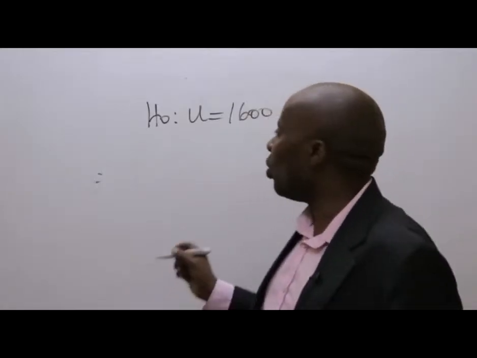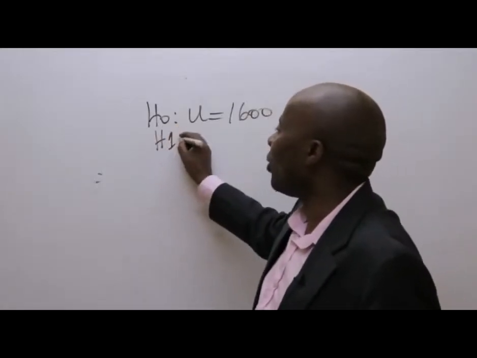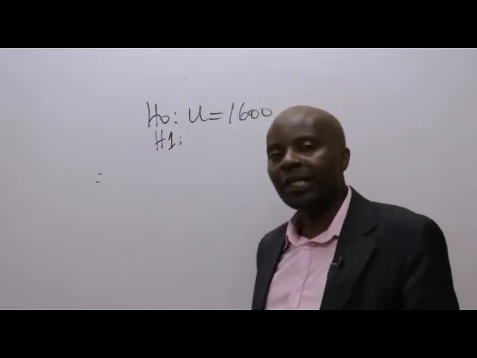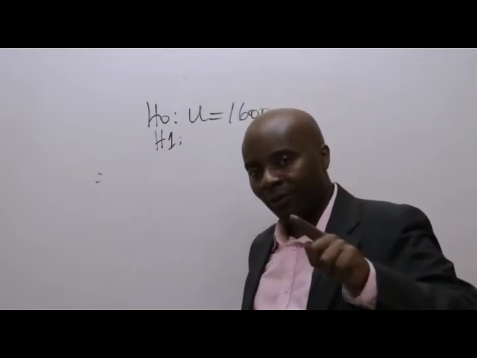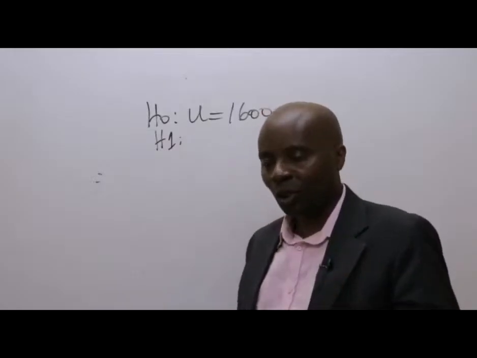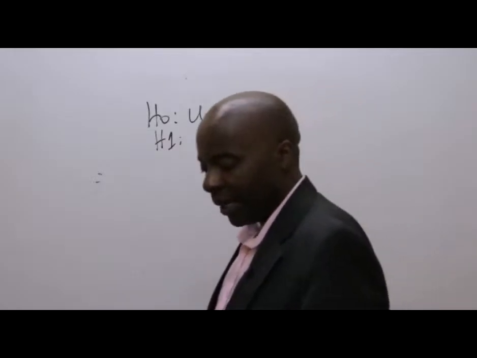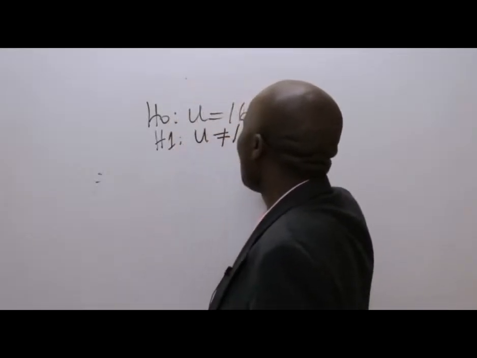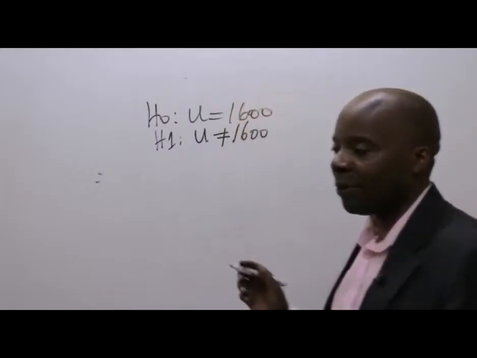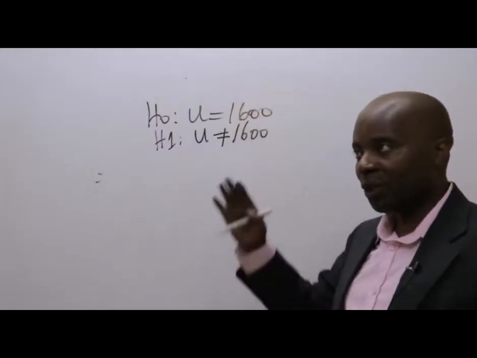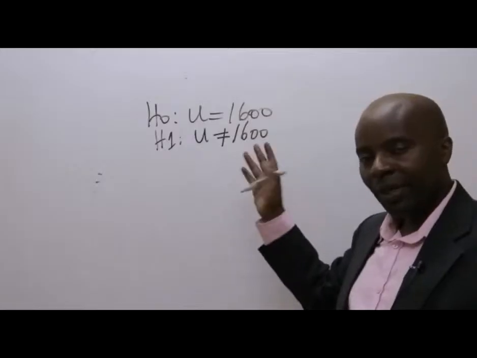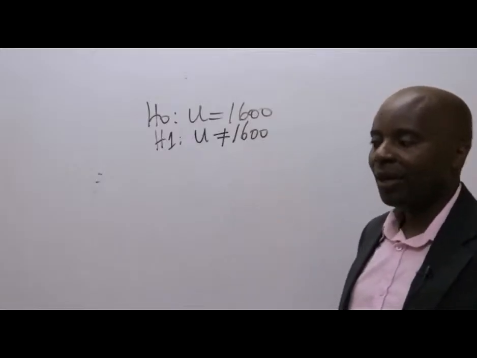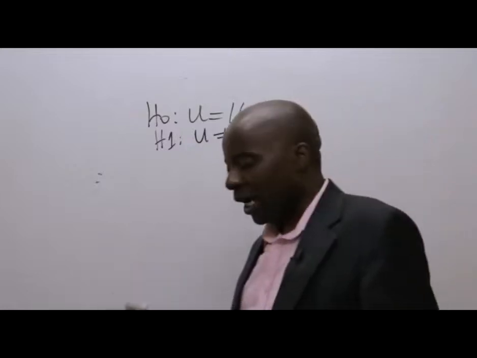Some bulbs will take longer, others shorter, so my alternative hypothesis is U is not equal to 1,600, because some bulbs will last more time and others less.